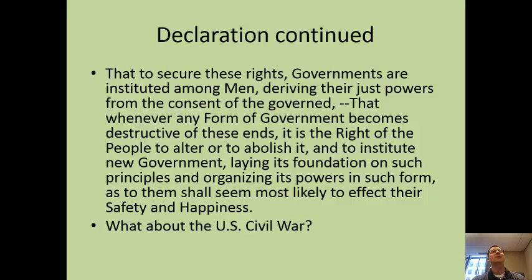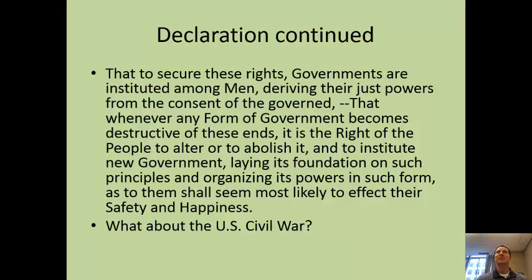Wasn't the South pointing to the Declaration of Independence and saying, "Hey, this government's not working because they're violating our right to have economic prosperity through slavery." Right. Well, you and I would say that is the most ridiculous thing we've ever heard. There is no legitimate basis for you to think that way, right? But that's them disagreeing with what an inalienable right was. And my point is, people can disagree about those things.